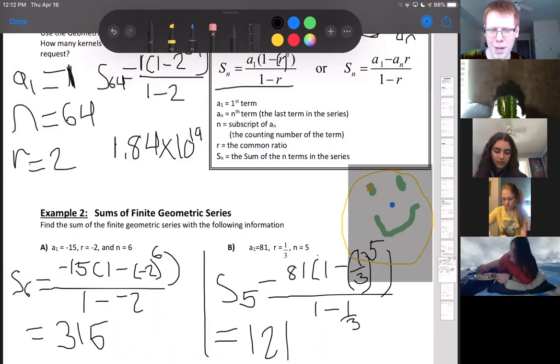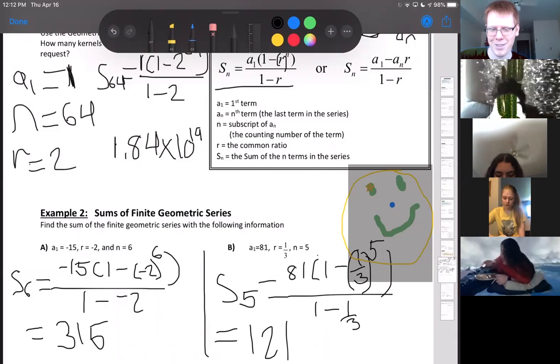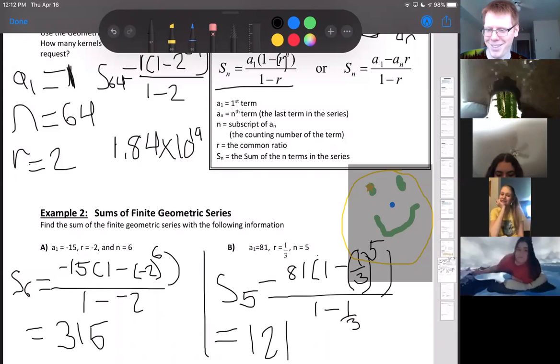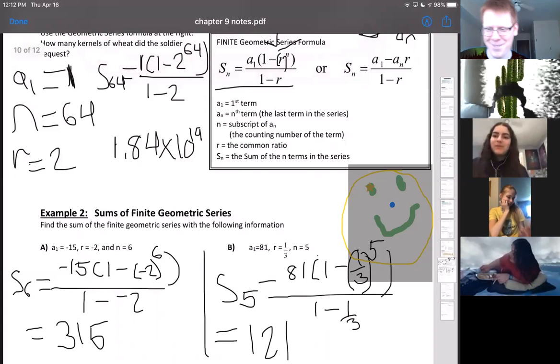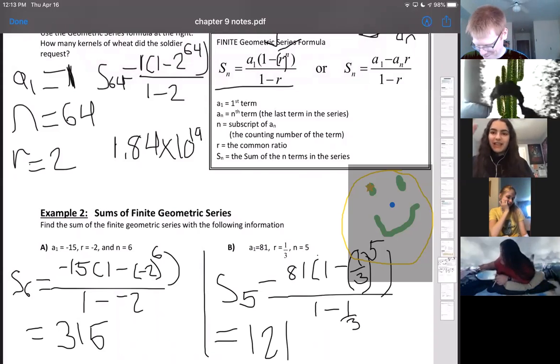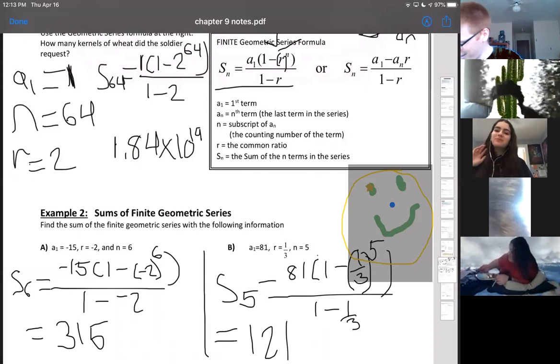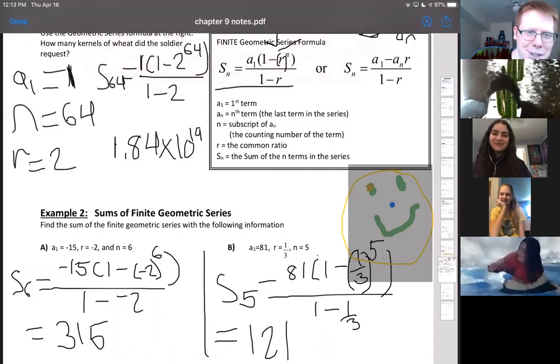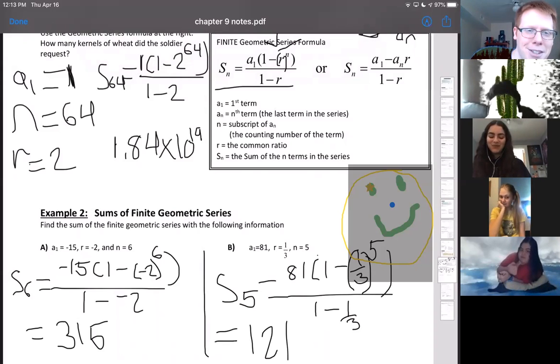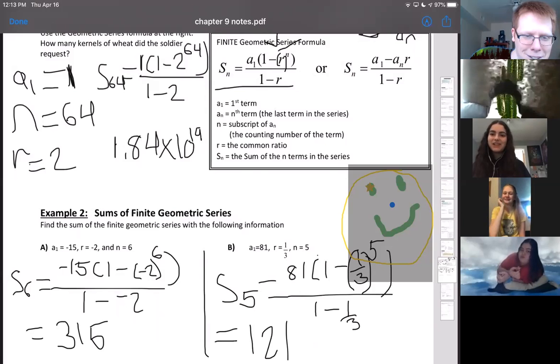But if you catch an error, I would trust yourself more than me. Why? You're the teacher. I trust you, because I got 16. You got 6? Yeah, from my notes. It's fine, things happen. Hang on, I'm going to try again.